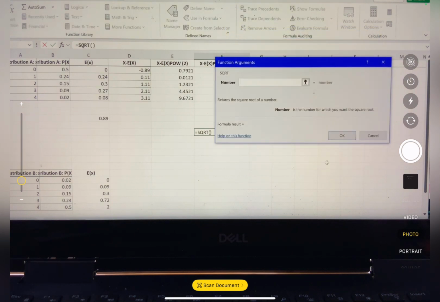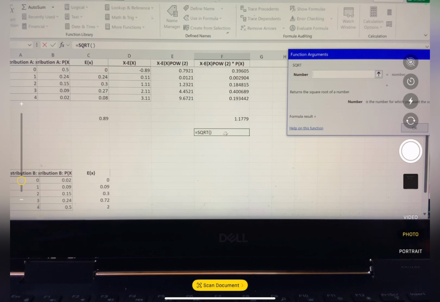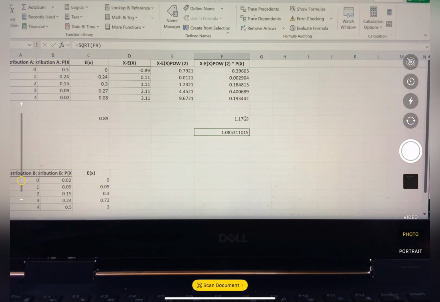Since I'm already clicked on the cell where I want the data to go, clicking OK, and I'm going to choose which number I want to put there. Square root of which number? This number, right? Okay, and clicking enter, and I got 1.085. Let's put the answer.